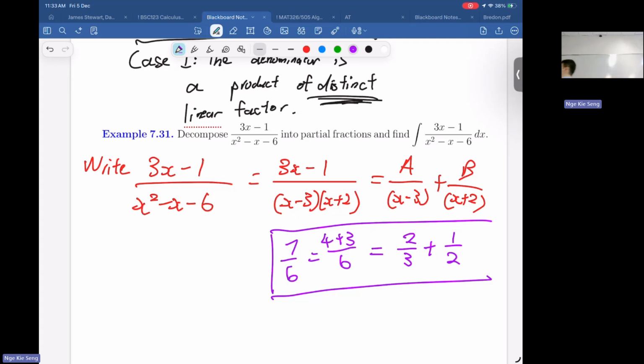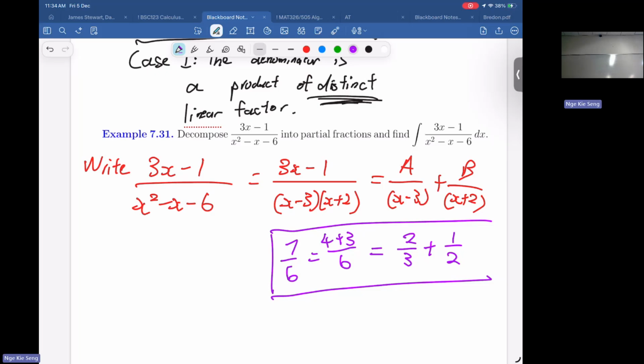So this is kind of working backward. I give you 7 over 6, go and calculate the 2 and 1. Does it make sense or not? We try to split 7 over 6 into something over 3 and something over 2. So this is the idea here.